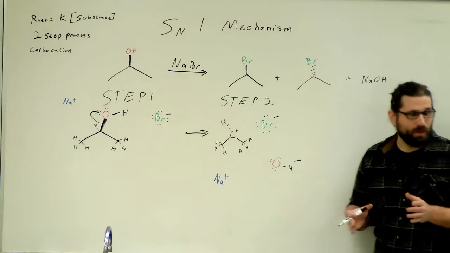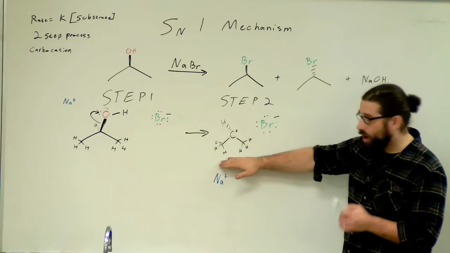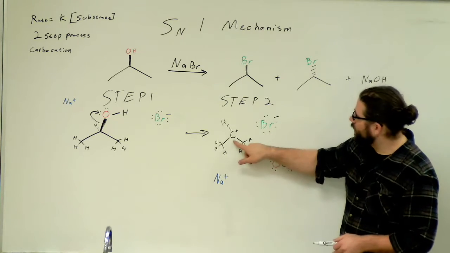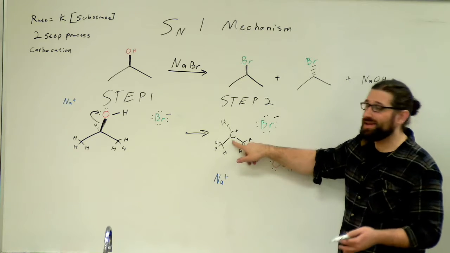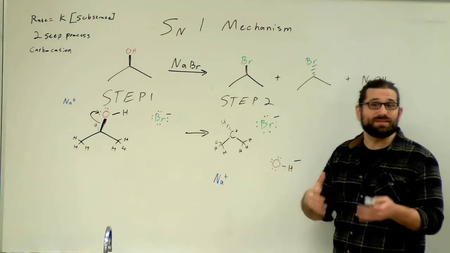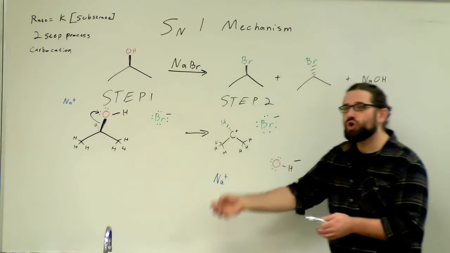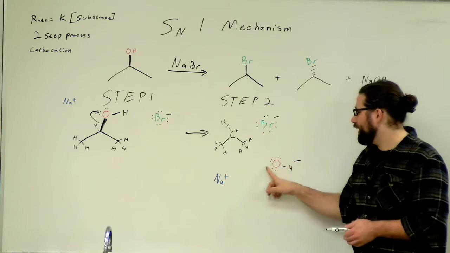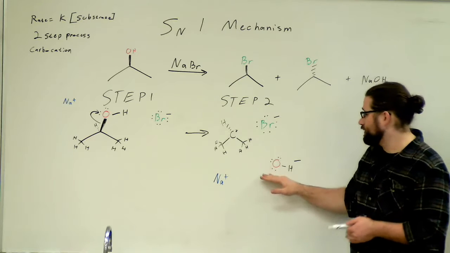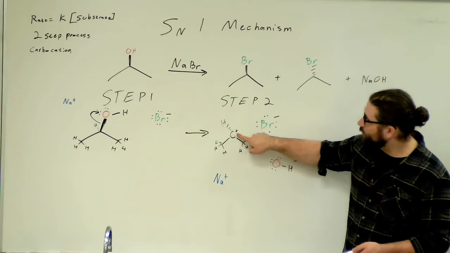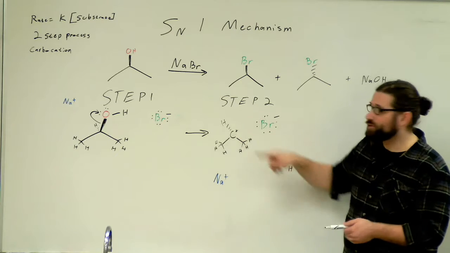So now I have a carbocation that is all by itself. A carbocation is an alkane that has a carbon that is holding a positive charge. This hydroxide group took that entire bond, and it's now stabilizing a negative charge. This is now the hydroxide anion leaving behind the carbon with a positive charge.